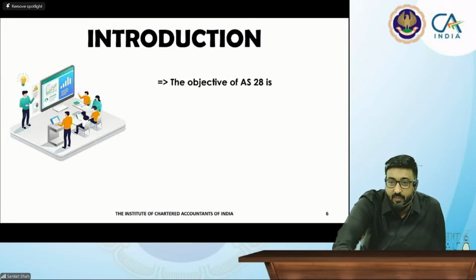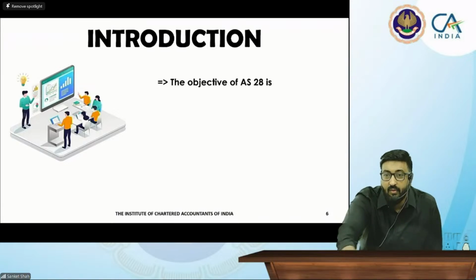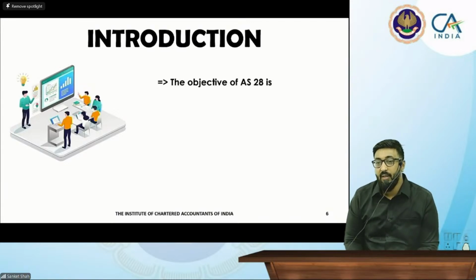Adishri ji, can you explain this one more time? Yes, sir. What is the balance sheet value called as? Carrying amount. Then you are comparing with recoverable amount. And what is the recoverable amount? Higher of NRV or value in use.